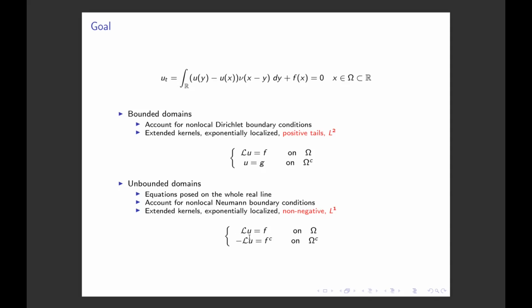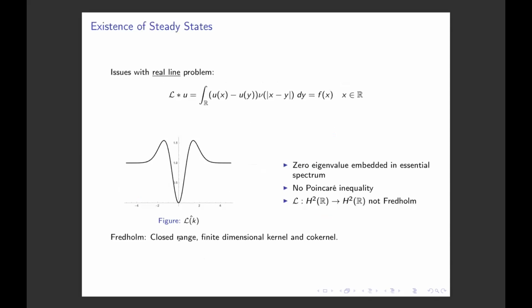So what I want to do in the next couple of slides is go a little bit through this analysis so that it becomes clear how it is helping us in creating the schemes, at least in the unbounded domain case. Why is it that when you're considering the problem in unbounded domains, the problem is not well posed?